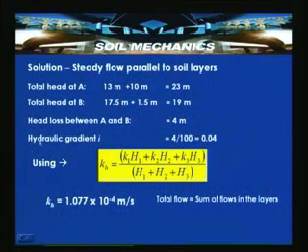You know K1, you know i, and you know A1, so you can calculate the sum of the flow in all three layers. Then the equivalent coefficient of permeability is determined as 1.077 into 10 to the power of minus 4 meter per second. This is how the solution has to be worked out for a stratified soil having 3 different types of soils. What we get is the equivalent coefficient of permeability for all 3 sand layers in the problem put together.